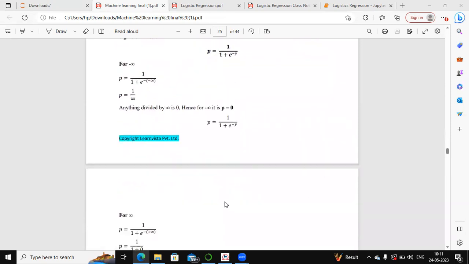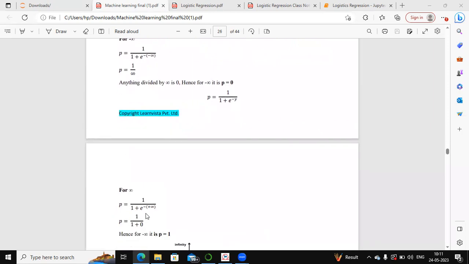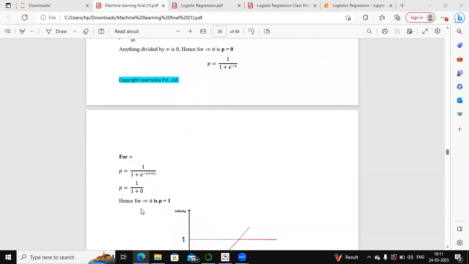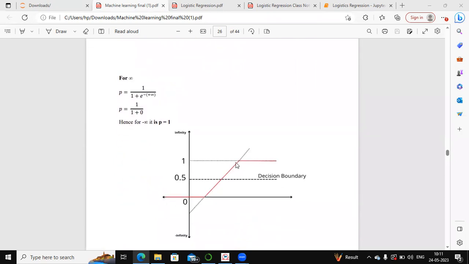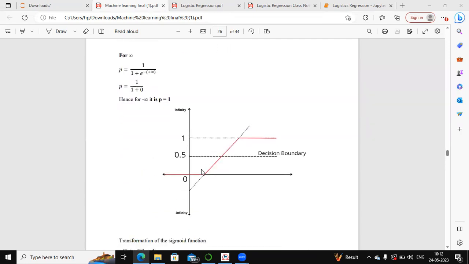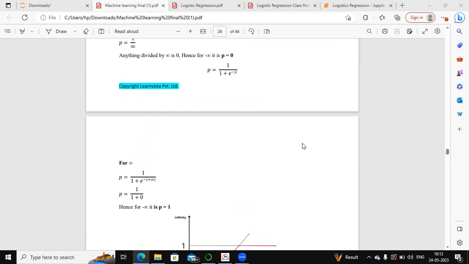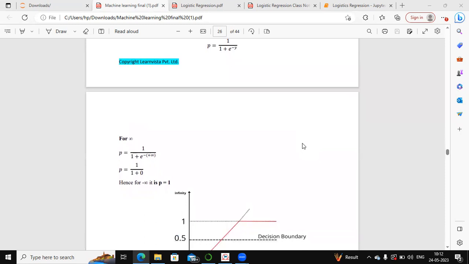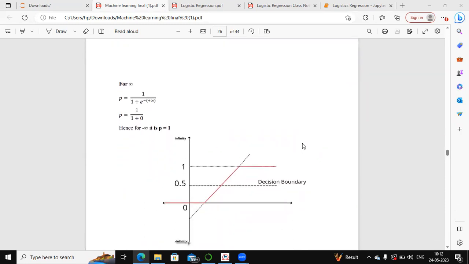And for infinity, if you apply it in the formula, p comes out to be 1. So on the minus infinity side, p is 0, and on the positive infinity side, p is 1.